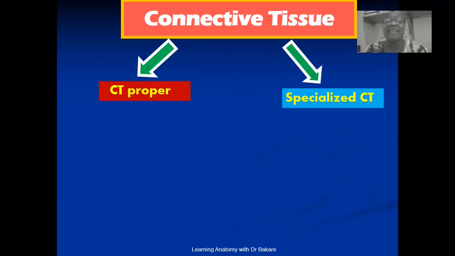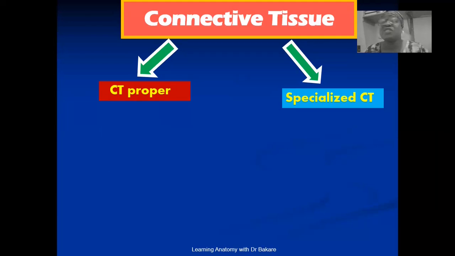If you go back to our lecture on the connective tissue, where we tried to highlight the different structural components of the connective tissue, this connective tissue proper is seen to align with that kind of presentation. But for the specialized type of connective tissue, it means that they are distinct and different from the general orientation of connective tissue. So they are specialized and distinct based on their components and also the specificity that they exhibit.